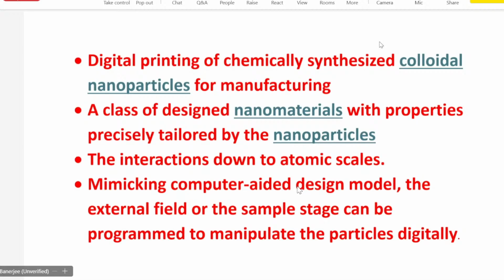So these interactions are down to the atomic scale. And if we can mimic the same computer-aided design model, and the external field of the sample state can change, we can deprogram, then we can manipulate the particles digitally. This is how we can invoke the entire thing.